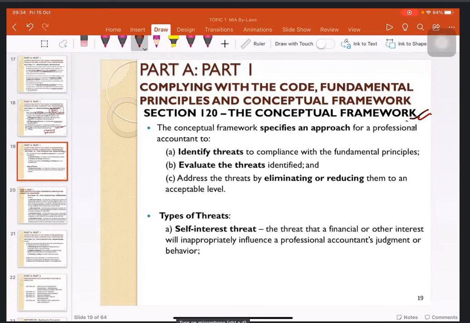Okay. So dalam conceptual framework, the first thing yang kita kena tengok adalah we need to identify the threat. Kemudian you kena evaluate the threat. Okay, so after you identify it, kemudian you kena determine how to safeguard it. Macam mana you nak reduce the threat ataupun macam mana kita nak eliminate the threat.